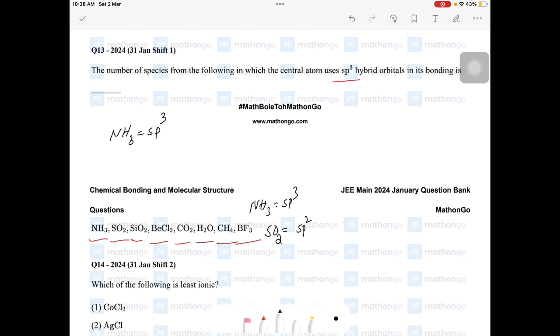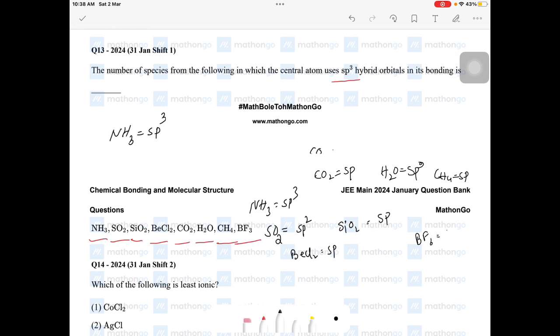SiO2, silicon dioxide, sp hybridization like CO2. BeCl2 sp hybridization. CO2 sp hybridization. H2O sp3 hybridization, bent shape. CH4 sp3 hybridization.